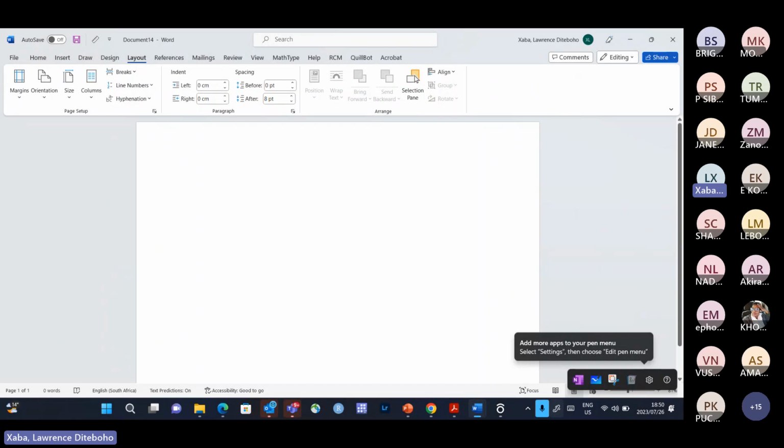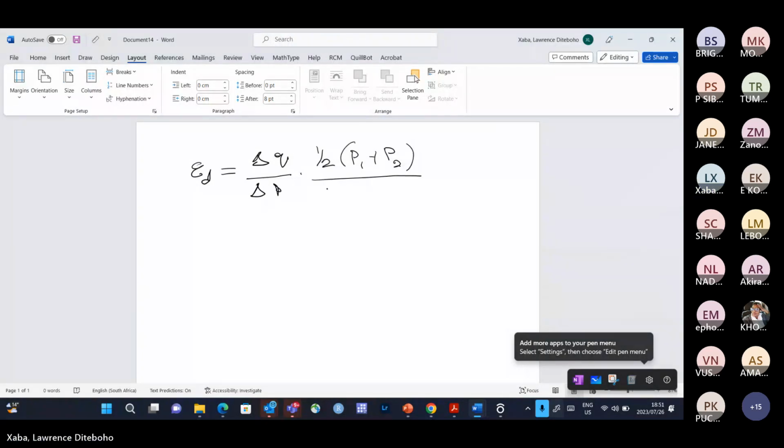Now we are going to do what is called the arc price elasticity of demand. The formula that is given is the same, which is equal to the change in Q divided by the change in P, times half, open brackets, P1 plus P2, divided by Q1 plus Q2. So we can further simplify this.